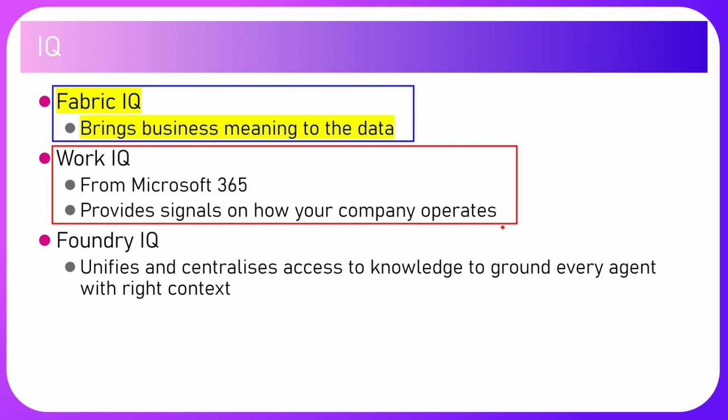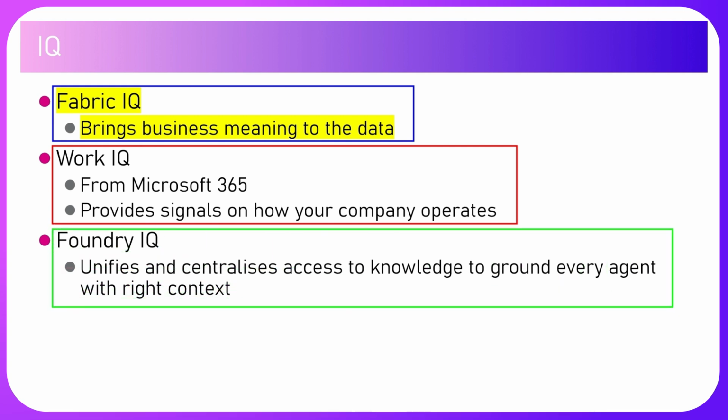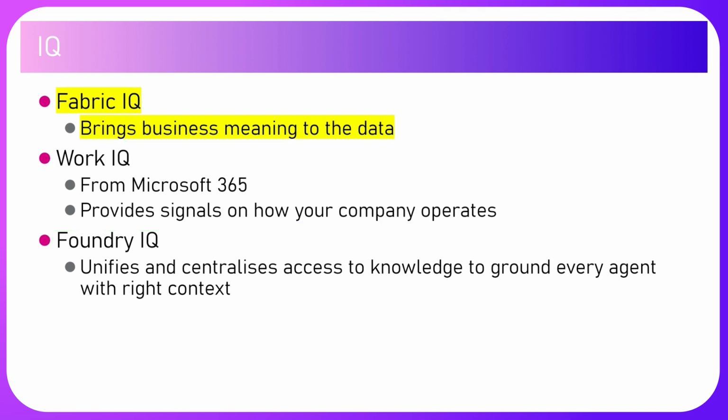It collects data from various Microsoft 365 services, stores the pattern within the memory, and then infers on the basis of the data collected. Foundry IQ is all about unifying centralized access to knowledge and grounding every agent with the right context. So it's all about Azure AI, or Microsoft Foundry services.